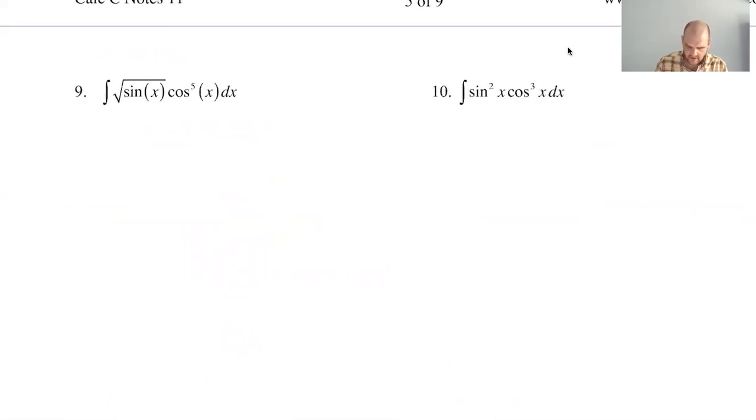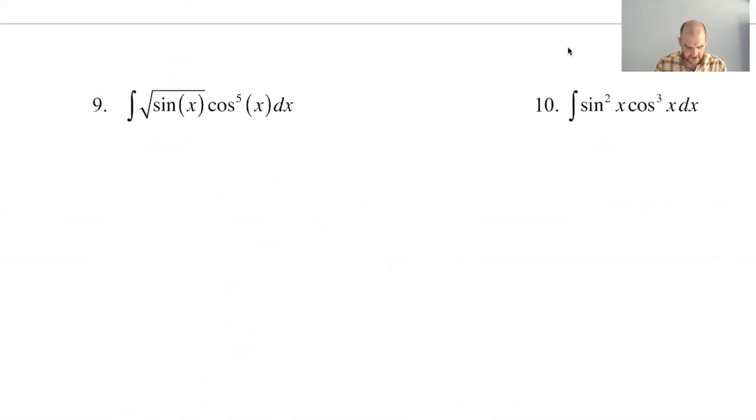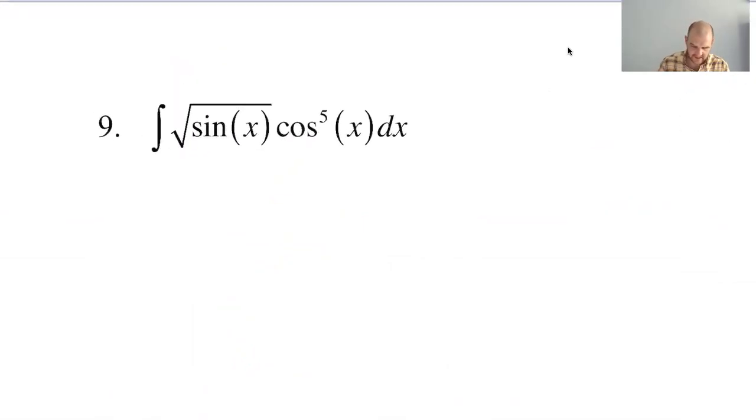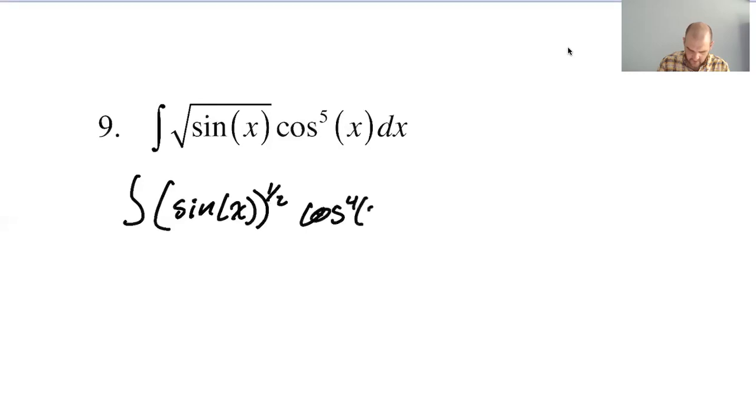So new problems, new page. What are we gonna do? Well, this is a classic, right? An odd power of cosine. So I'm gonna rewrite it, and then cosine to the 4th.